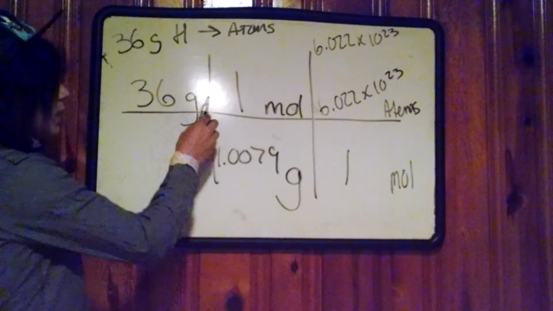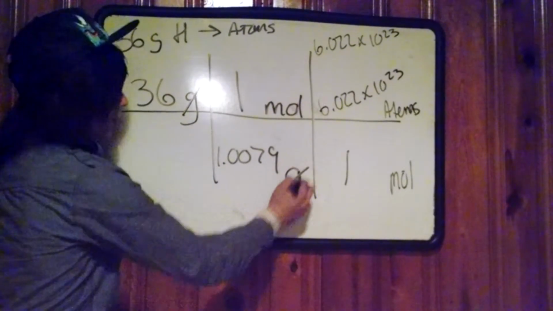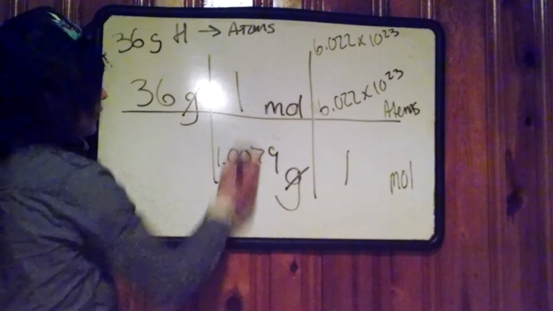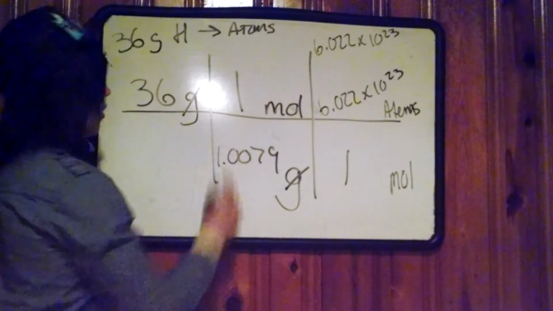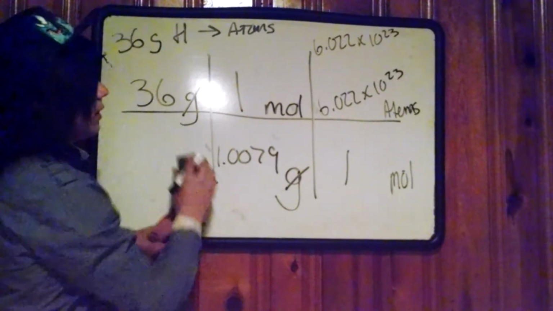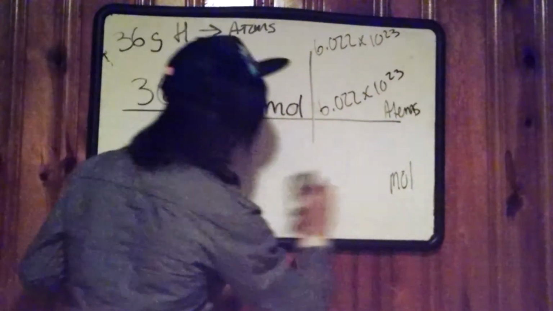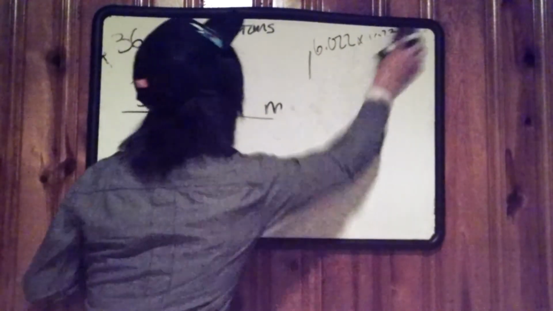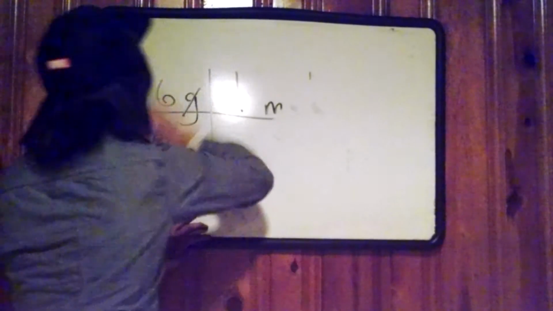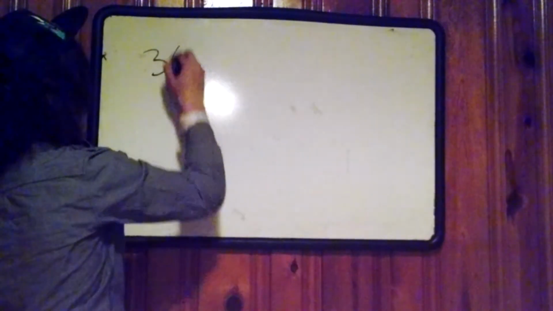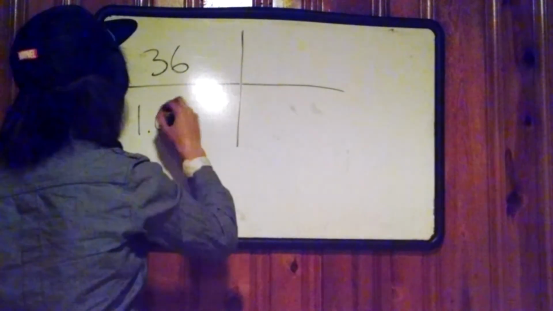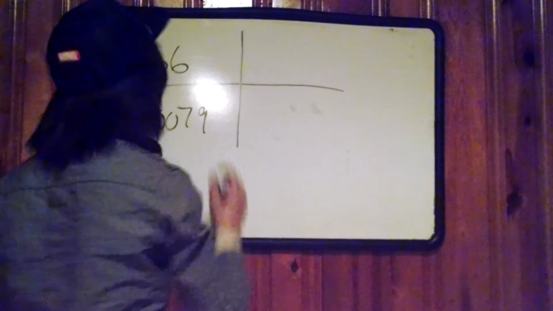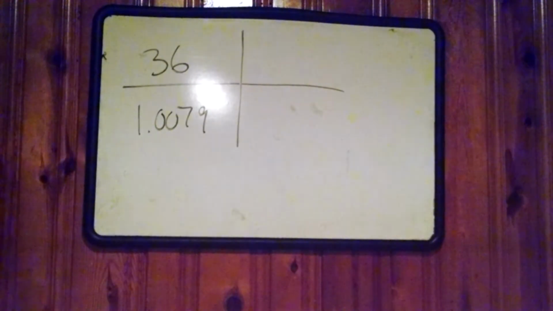So we take 36 grams, cancel out the grams since we're dividing, multiply 36 by 1, which is 36, all over 1.0079.